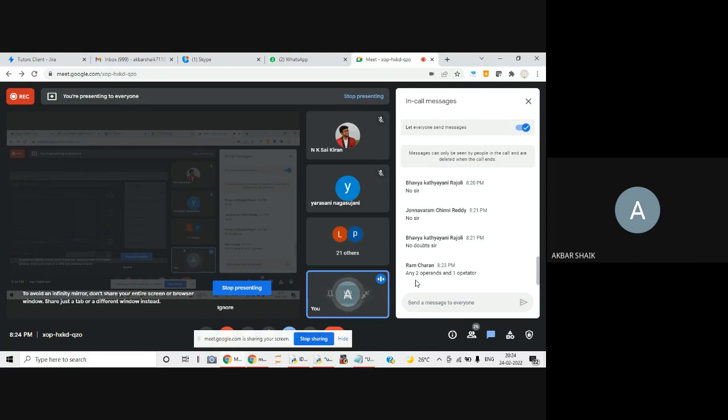Remaining students, please type in the chat box. Why are you people not responding? It should be an active session. If I am teaching something, always only one student is responding. Remaining, are you there in the class or not? Please respond. Please write your answer in the chat box. Okay, only one more student, Bhavya, is responding. Of the remaining students, almost 25 are there.